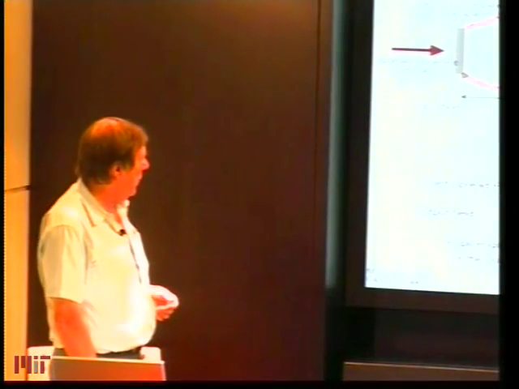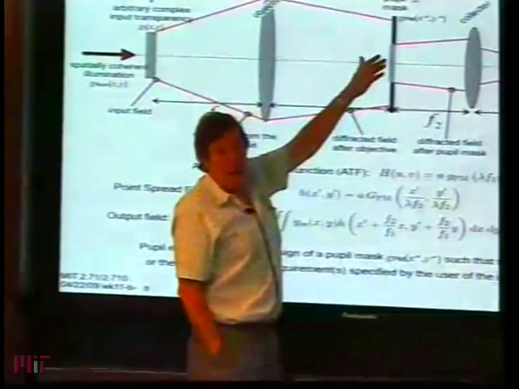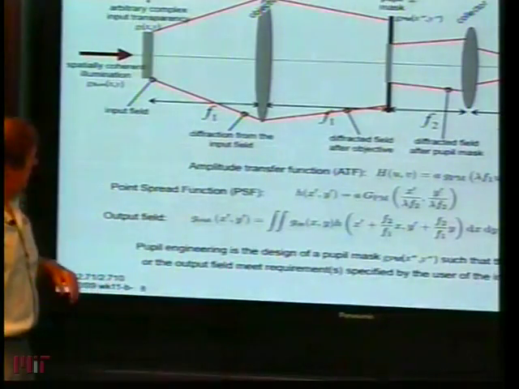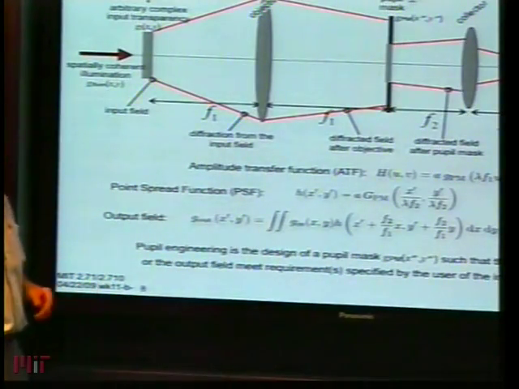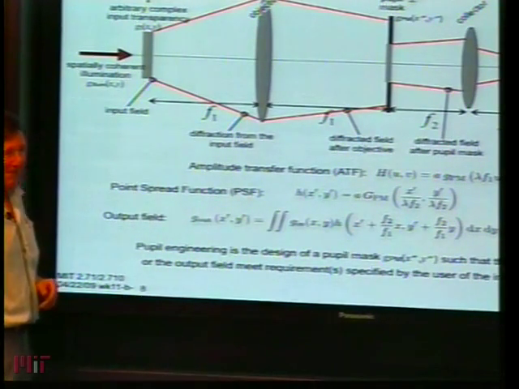But this is just pointing out that actually, of course, that means that we can choose whatever we want to put in there in order to produce the results we want. So this is what George has called here pupil engineering, which Ernst Stelzer doesn't believe in, I think, from what we were saying.